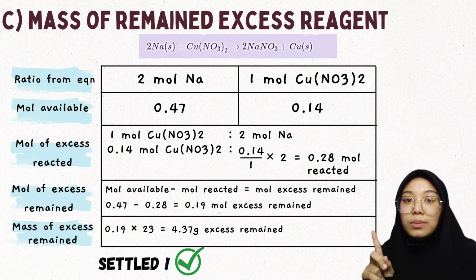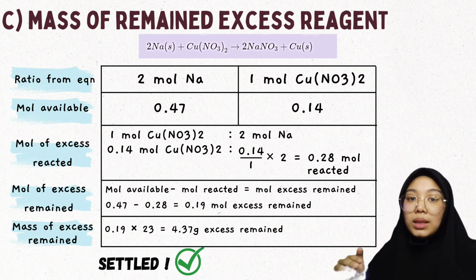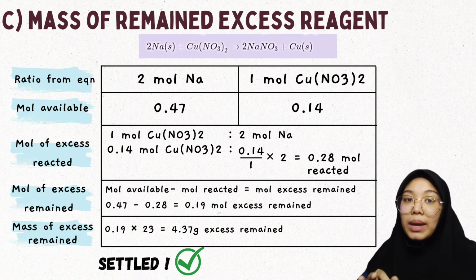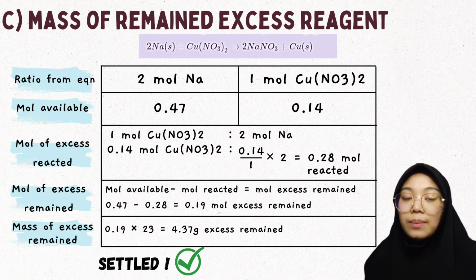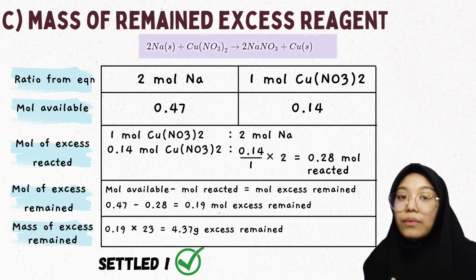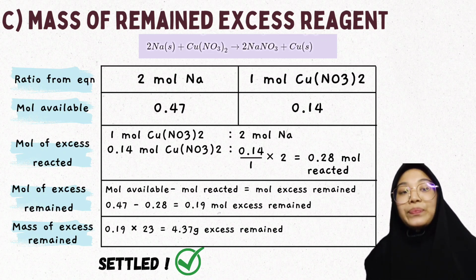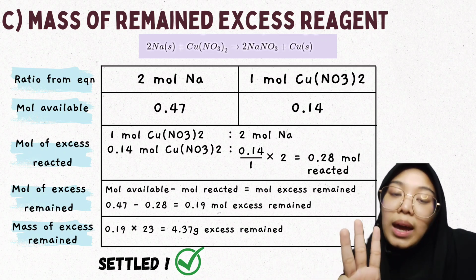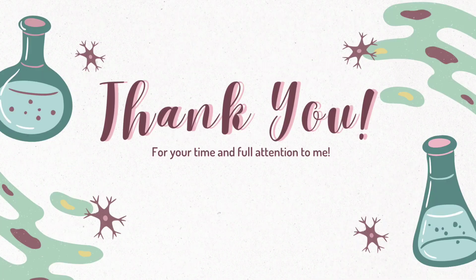In this case, we need to minus the available mole with the mole reacted to get the mole excess remain. And lastly, we multiply the excess mole remain with its molar mass. In the end, we will get 4.37 gram excess remain for the answer in the third part. Then, we have done for all 3 questions that has been asked.